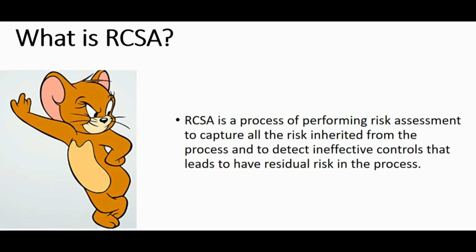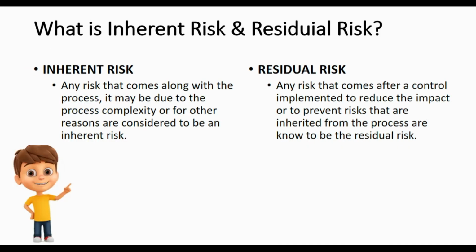Of course, this will help a process owner to stabilize the controls that they may feel are ineffective, and that leads to an opportunity to have residual risk in the process. If you notice, we have mentioned something called inherent and residual risk, so we need to understand what inherent risk and residual risk are in order to do the RCSA effectively.